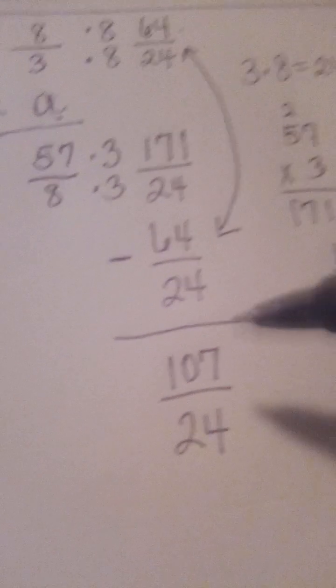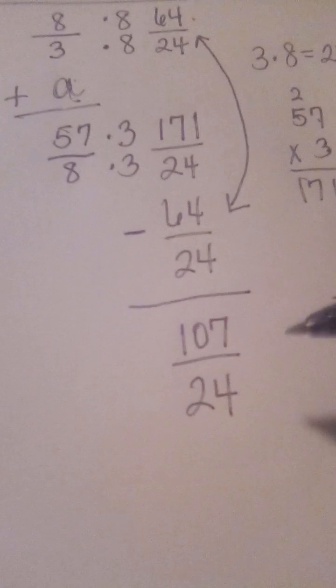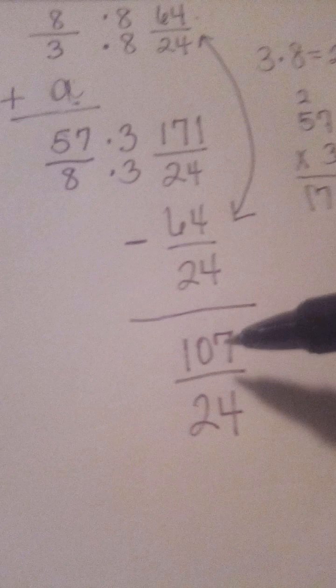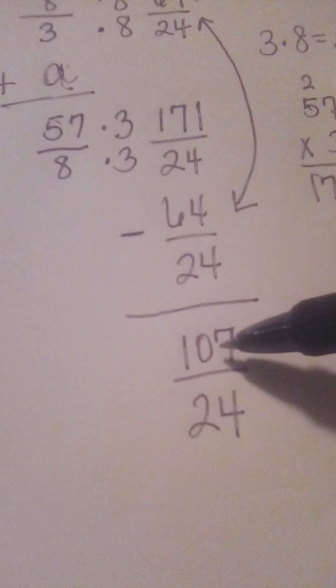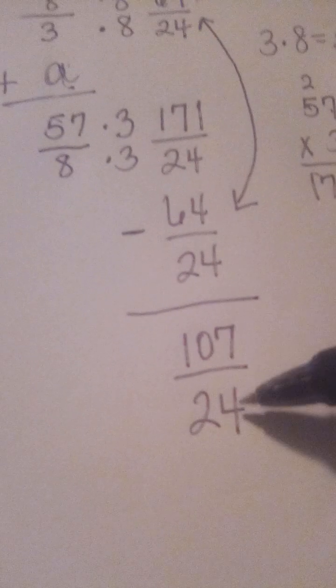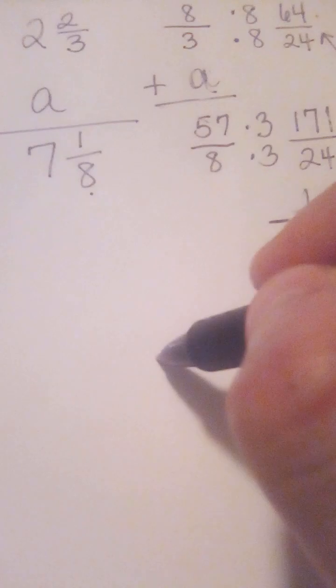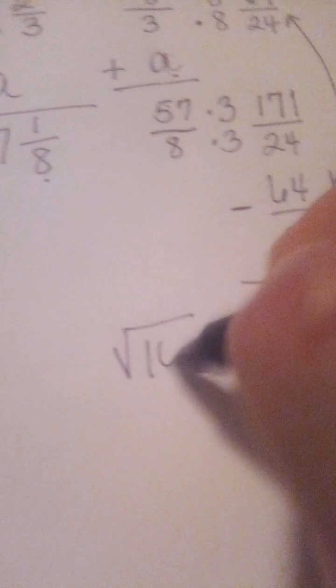Now, we need to turn this improper fraction into a mixed number. What goes inside the box, the 107 or the 24? Care to take a guess? The numerator goes inside the box, and the outside of the box is 24.